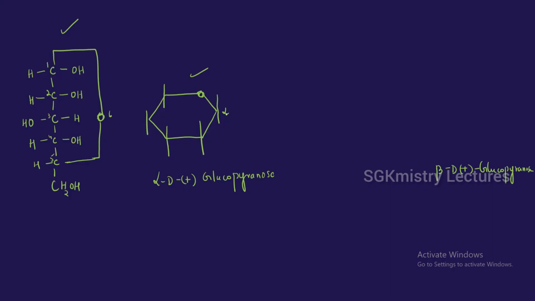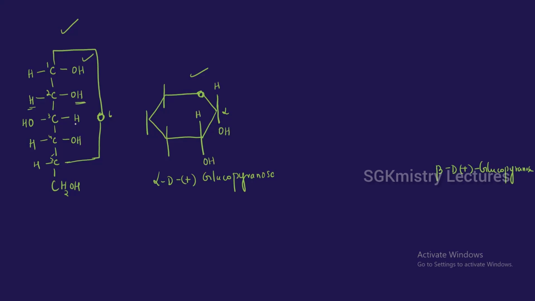Right. So now I'm going to write accordingly. Whatever is on the right here will be written downwards in this particular bond. Now OH and H are there. So OH is on the right, so I'm going to write OH here, H here. Same way here, OH is on the right, so I'm going to write OH here, H above.